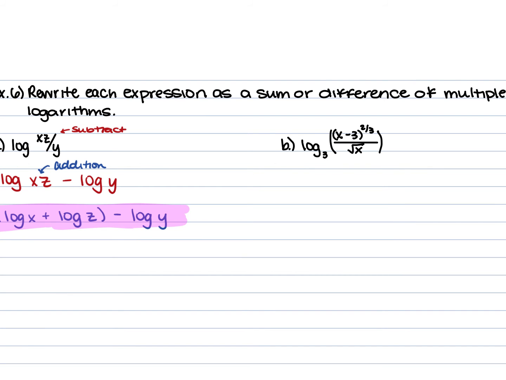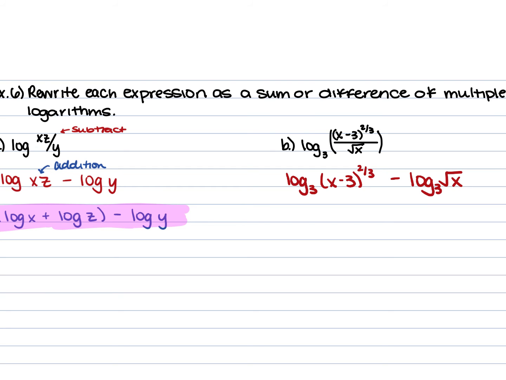For example B, we have log 3 of x minus 3 raised to the 2/3 power all over the square root of x. So we have division happening because we have that fraction. So I'm going to rewrite this first as subtraction. So we have log 3 of x minus 3 raised to the 2/3 power minus log 3 of the square root of x.